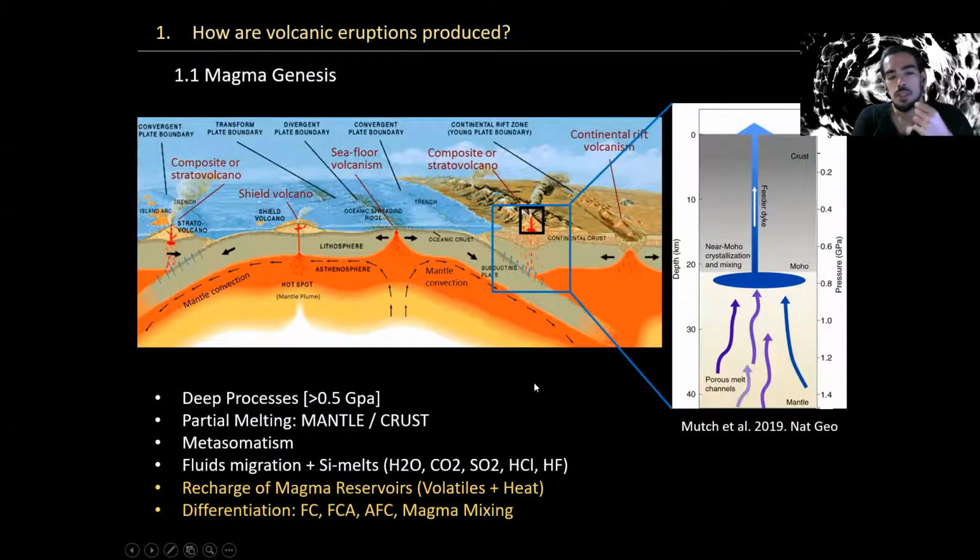But the important thing is that all of these processes transform the chemistry of the magma, and so the resulting type of volcanic eruption that might or might not happen.